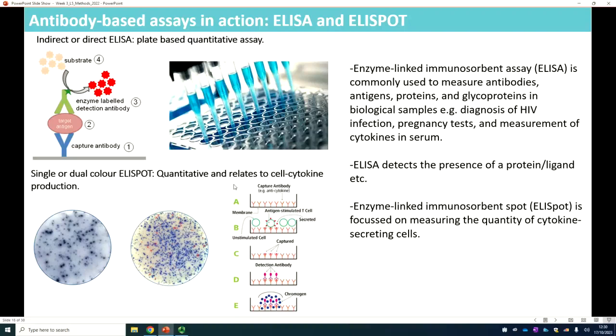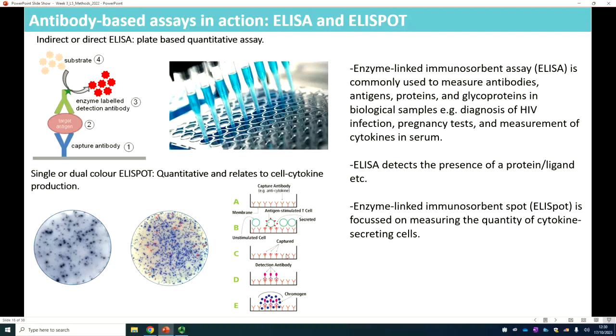Then we have ELISpot. This is a similar process, but it's focused on measuring the quantity of cytokine secreting cells. So you have your tissue culture dish here. You have your antibody that's coating the bottom. You layer on your cells, and if your cell secretes a particular cytokine that your antibody can detect, it will be bound by the antibody underneath the site of the particular cells.